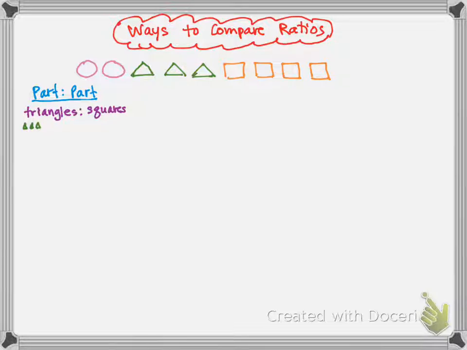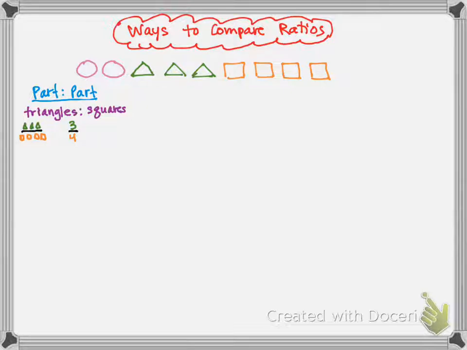I'm going to write it as a fraction, and then over my squares, I've got 4 little mini ones, 1, 2, 3, 4. So if I take those and I write them with values, that would be 3 to 4, with the ratio written as a fraction.